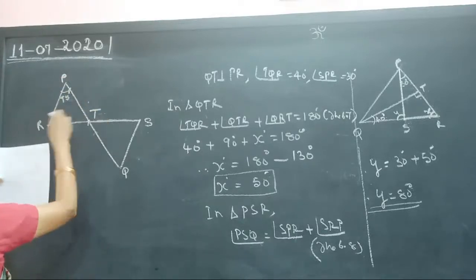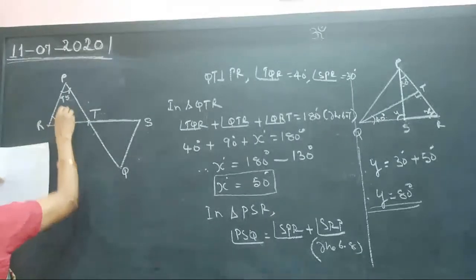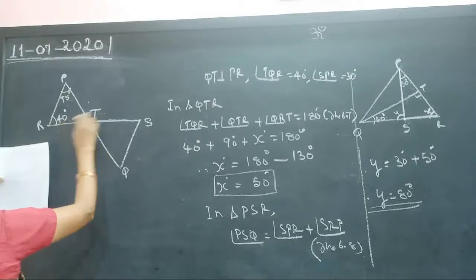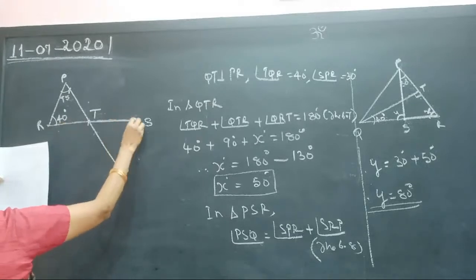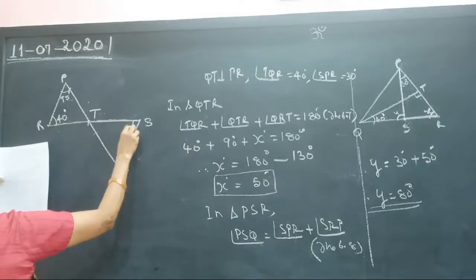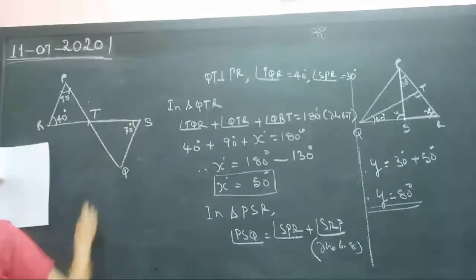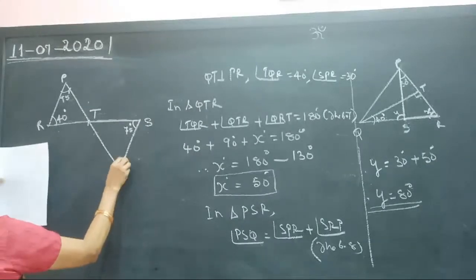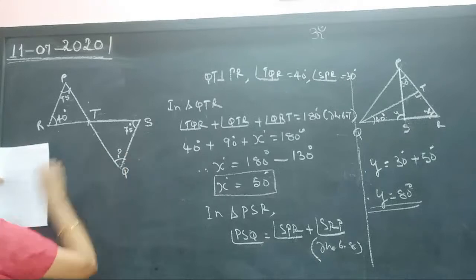Angle PRT 40 degree. Angle TSQ 75 degree. You have to find out angle SQT.